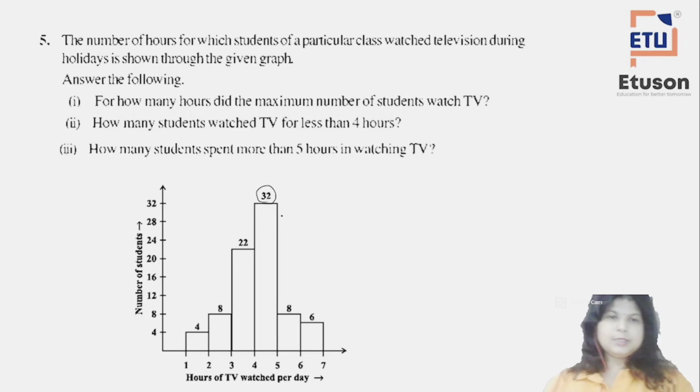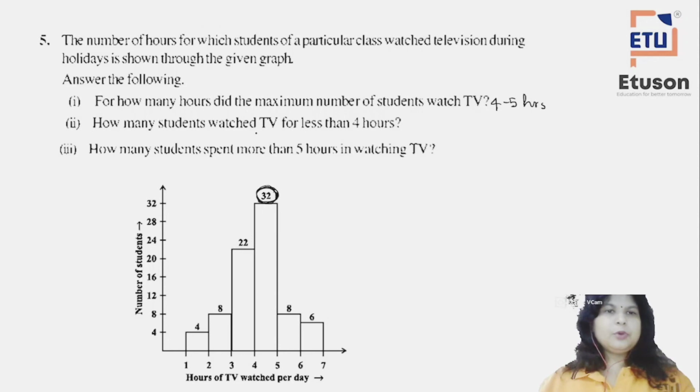So as you can see, the number 32 is the maximum in the histogram. From this you can understand that 32 students watch TV for 4 to 5 hours. So this is the answer to the given question.